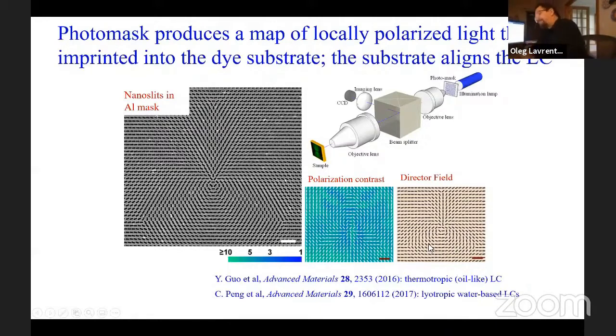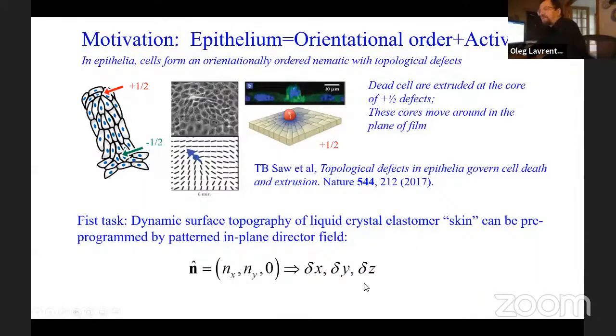And we use this state as the substrate for the liquid crystal, and then we can proceed with our goal, which is, as I said, to produce a liquid crystal elastomer with orientational pattern in the plane of the cell, and then see whether we can produce effects that are known in the medicine of skin, namely whether we can produce the variation of the profile of the coating, such as shown here with the extrusion of the dead cell.